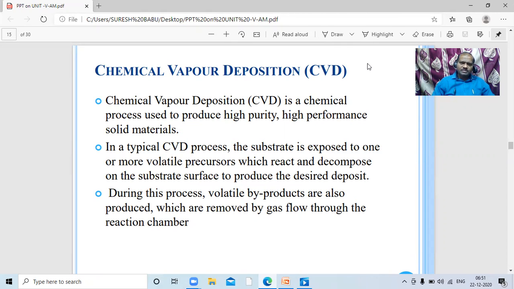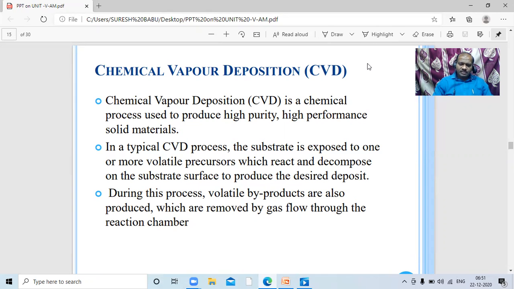The substrate is the object that we are going to coat. It is exposed to one or more volatile precursors.